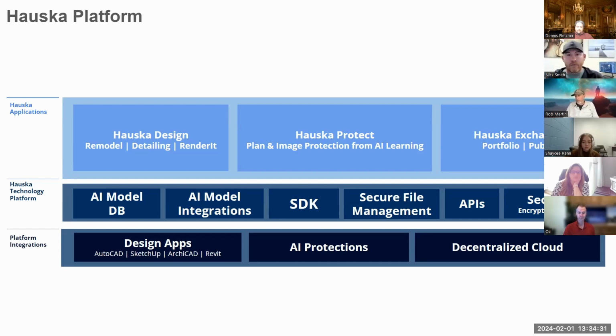Ironically, you have to run it through an AI program to get it to do that, but it's going to foil the AIs that are scouring the internet looking to steal your intellectual property. And then the flow is you design your stuff, you protect your stuff, then it goes to chain.